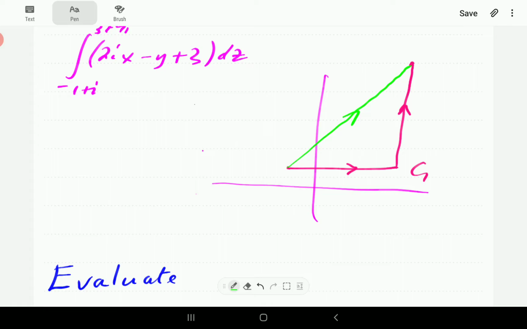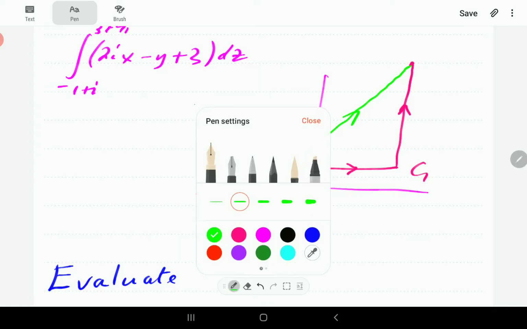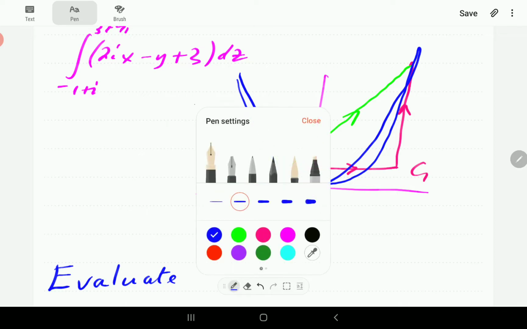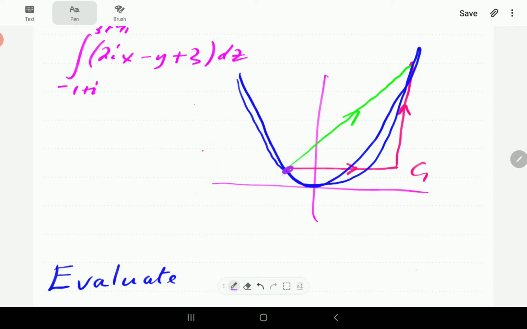And then in the last video, which was part 3, we looked at how to evaluate this along a parabola, where the parabola was defined using parametric equations. So our contour was the section of the parabola from here to that point.